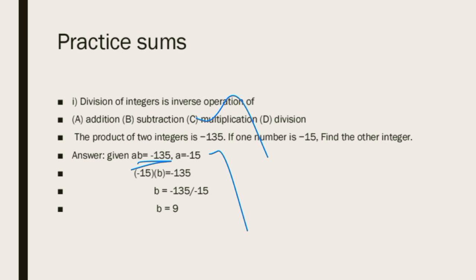Substituting minus 15 into a, we get minus 15 into b is equal to minus 135. b equal to minus 135 divided by minus 15. b equal to 9. 9 fifteens are 135. Minus divided by minus, we get positive.